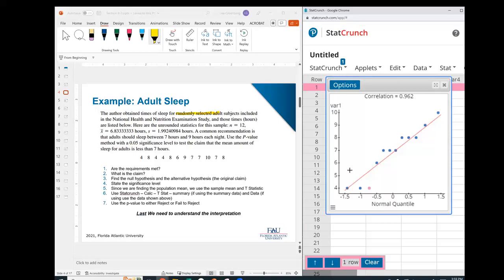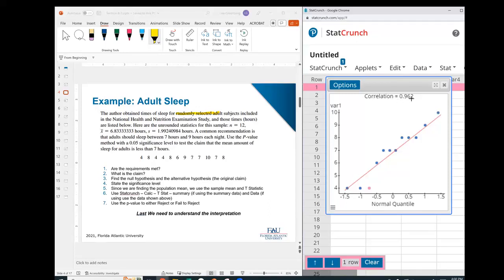This QQ plot tells us, so this red line, if everything was right on that red line, it would be definitely a normally distributed population. But they're kind of hovering around it, right?